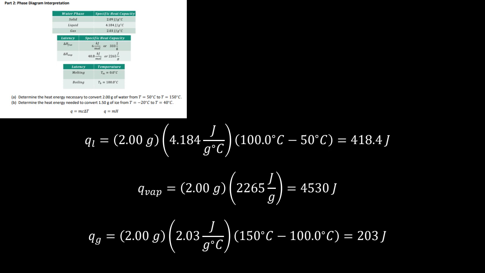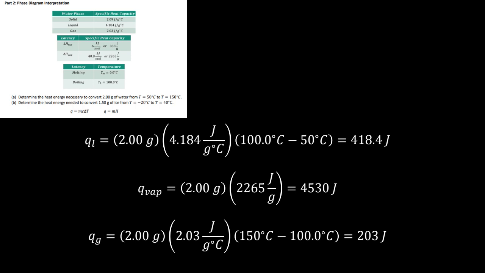Since we're starting at 50 degrees, that's why we have 50 degrees in our QL, or heat of the liquid phase. To explain these different symbols, QL is my way of saying heat during the liquid phase, QVAP, heating during the vaporization latency phase, and QG, heat added during the gas phase.